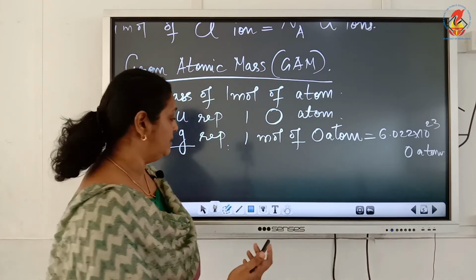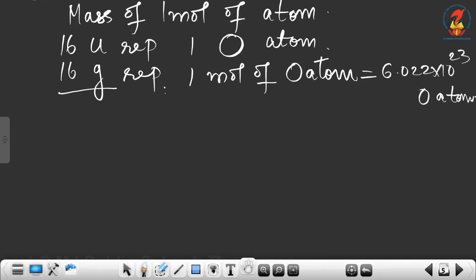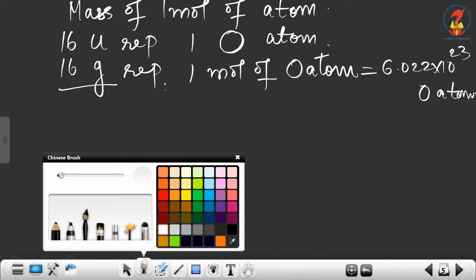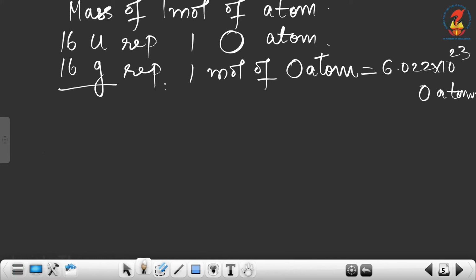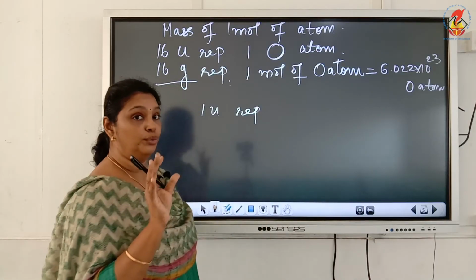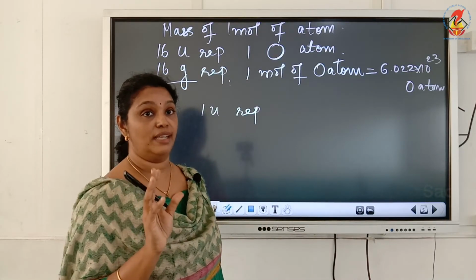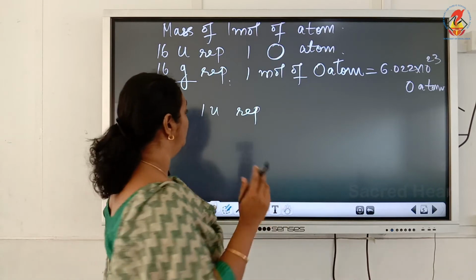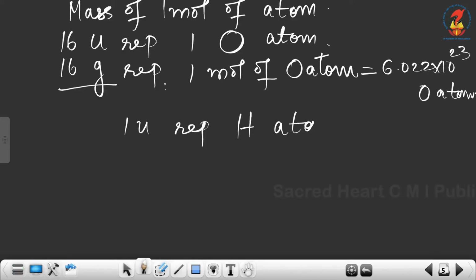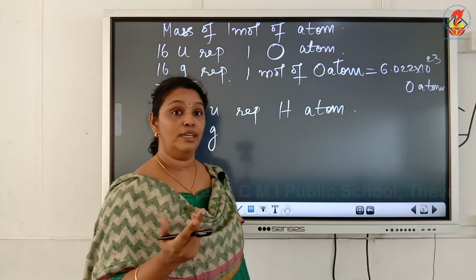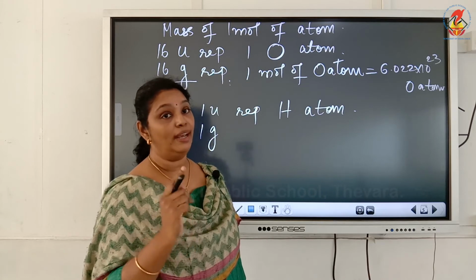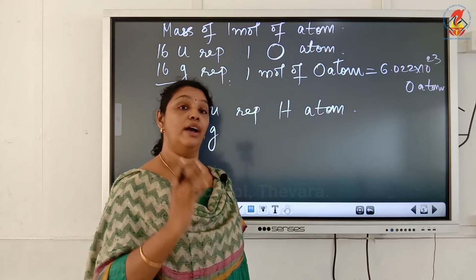Okay, now another example. 1 U shows the atomic mass, and 1 is the atomic mass of hydrogen atom. So 1 U represents hydrogen atom. So 1 gram will represent what? 1 mole of hydrogen atom. 1 gram, when I say, it is the gram atomic mass.